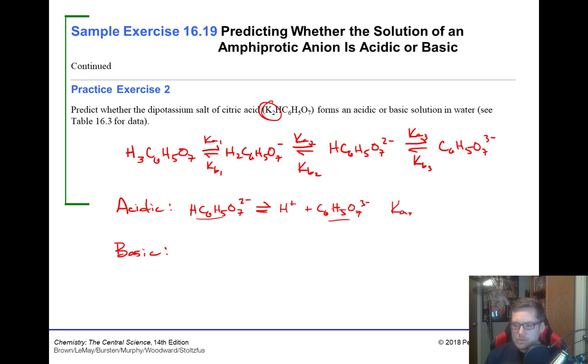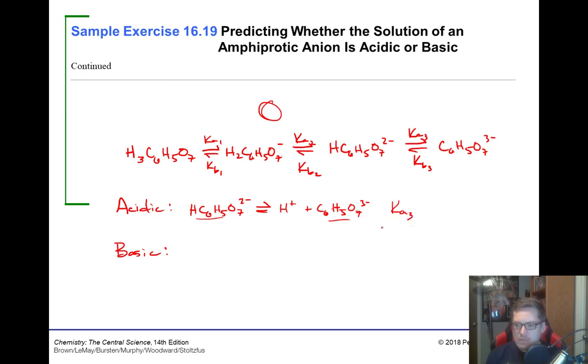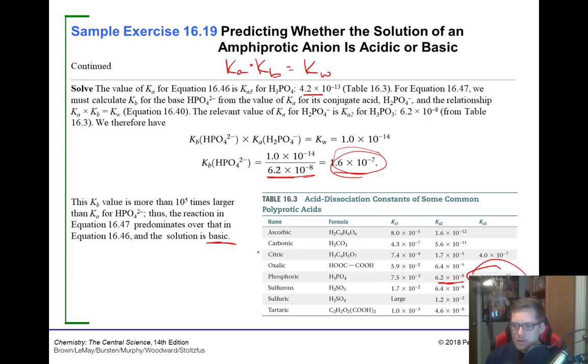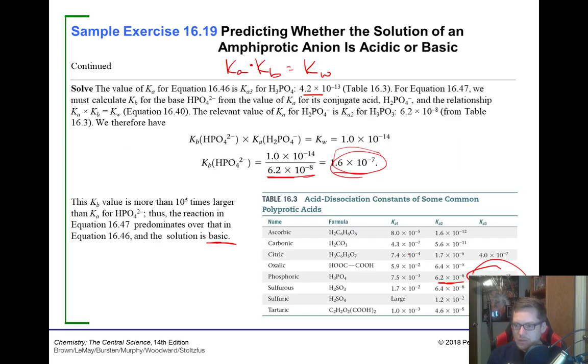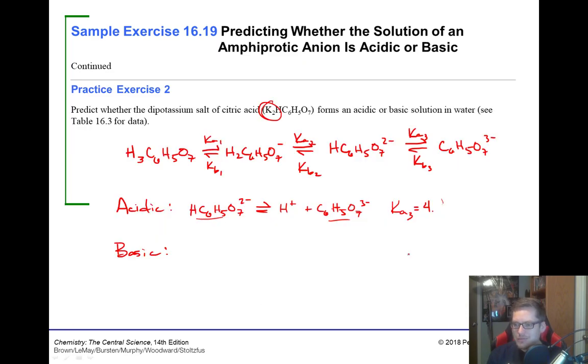So our Ka3 is what we need here. We can go back to this table right here. Citric acid, Ka3 is 4.0 times 10 to the minus 7th. So that's that guy.